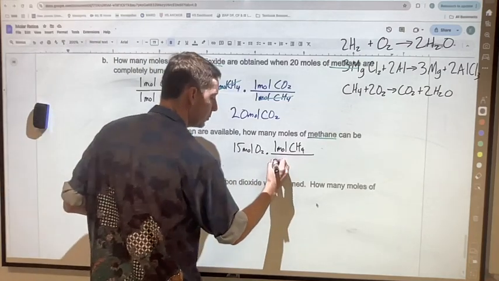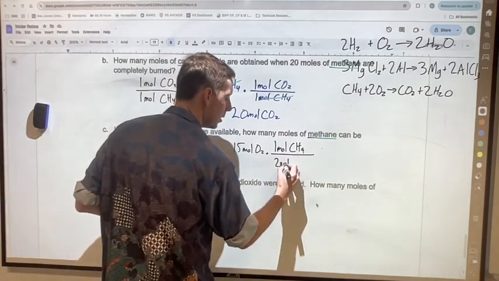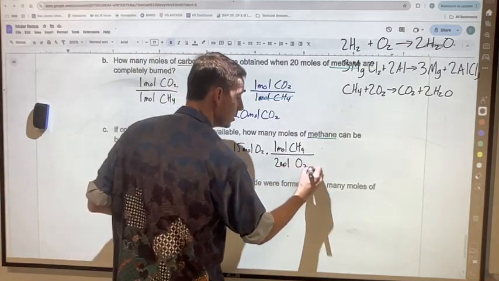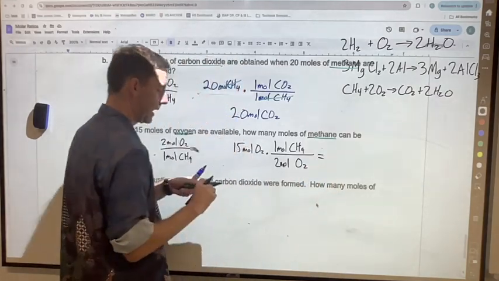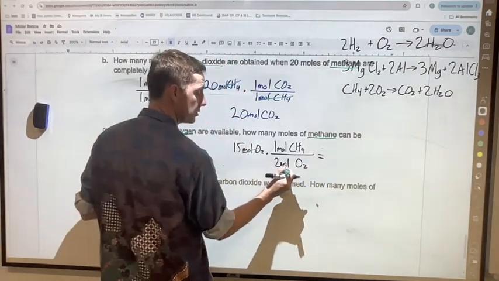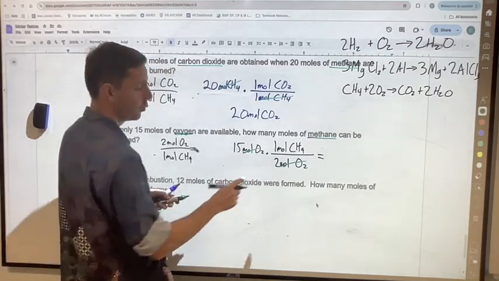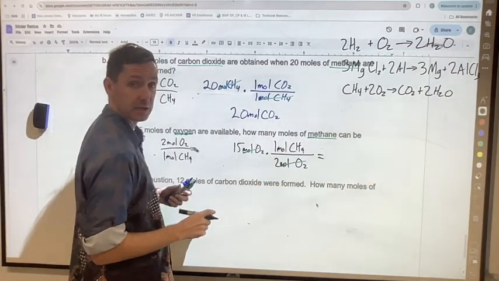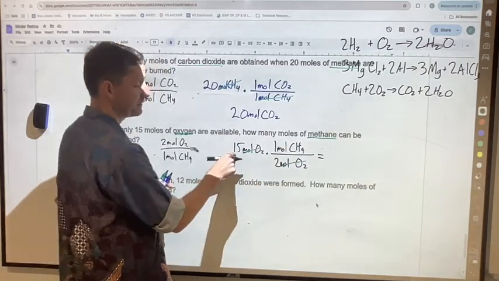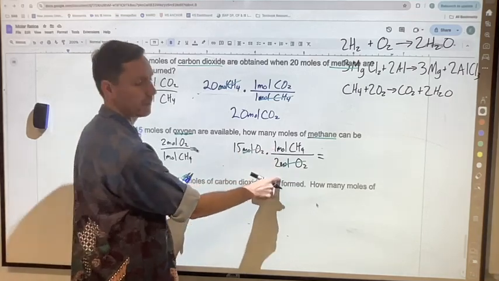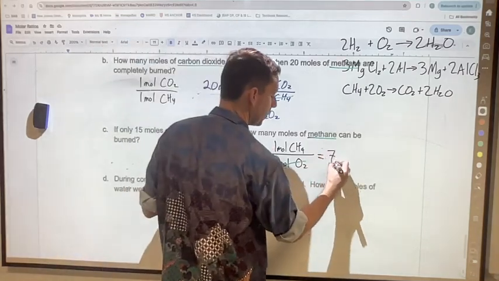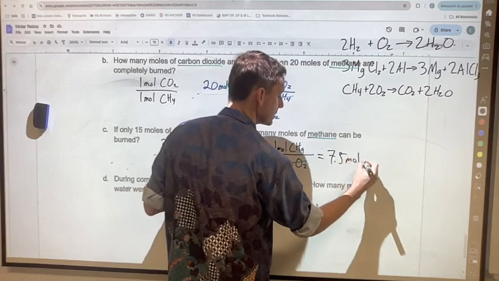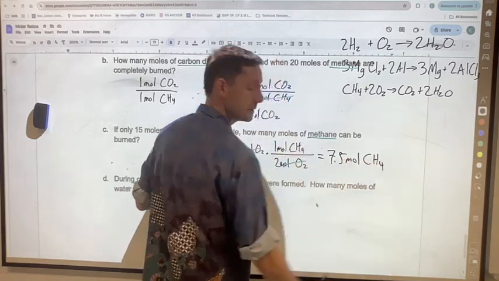I'm going to put the 2 moles of O2 right there. And of course, then our moles of O2 cancels out. We'll be left with moles of CH4. And so we have 15 times 1, which is 15, divided by 2, which will be 7.5 moles of CH4.